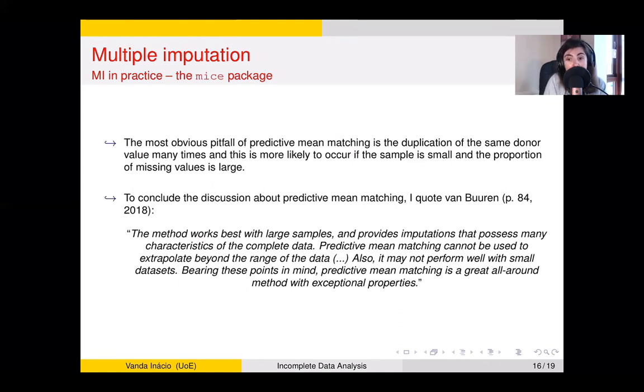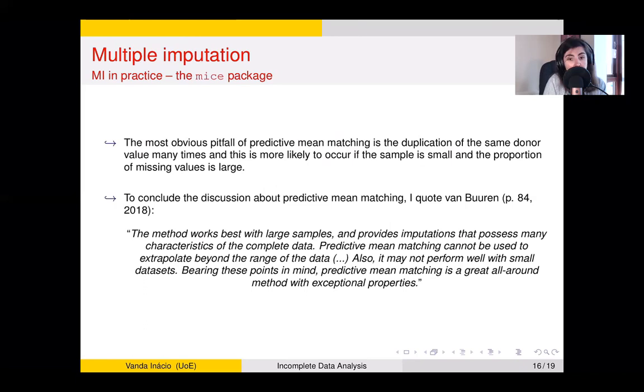And I finish this part about predictive mean matching quoting Van Buuren, the author of the mice package and also of the book Flexible Imputation of Missing Data. He basically says that this method, predictive mean matching, works best with large samples and provides imputations that possess many characteristics of the complete data.